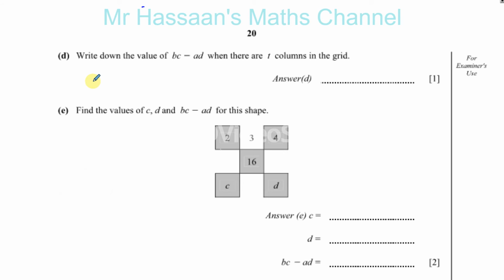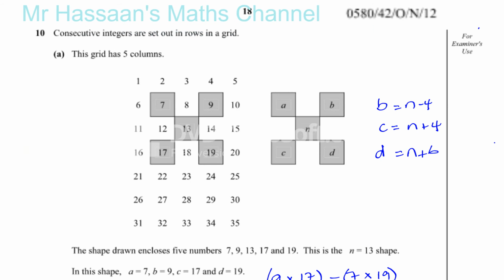Okay, so now let's go back to the beginning when we saw the first one. We had 5 columns in the grid, and the value of BC minus AD was 20.